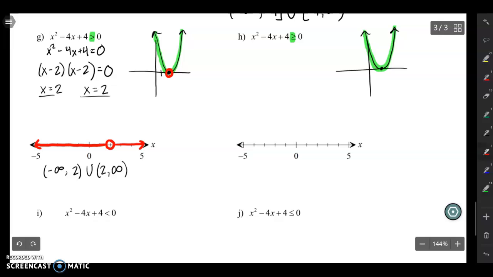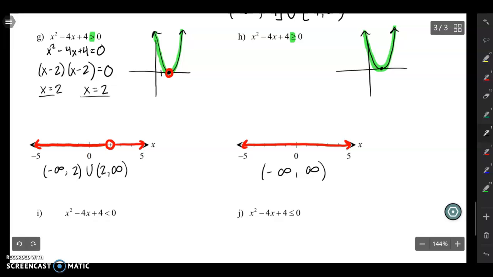This one's kind of cool because at every point on my graph, my function is either greater than or equal to 0, which means that on my number line, I'm going to include everything. There's not a single value on the x-axis that doesn't give me 0 or something bigger than 0. So as I write my interval notation, I'm just going to include everything from negative infinity all the way up to infinity.